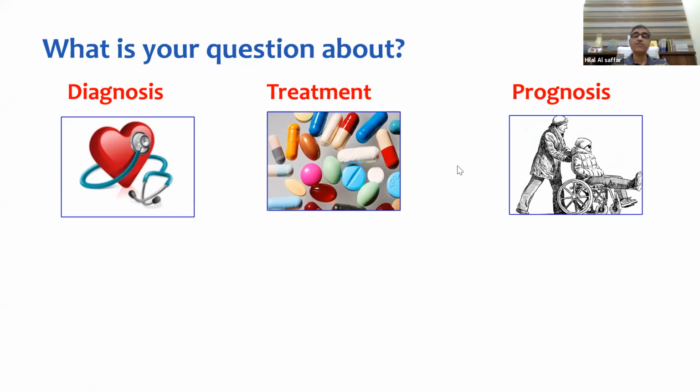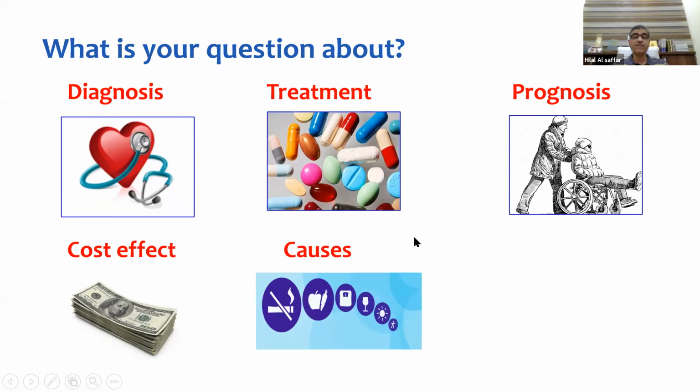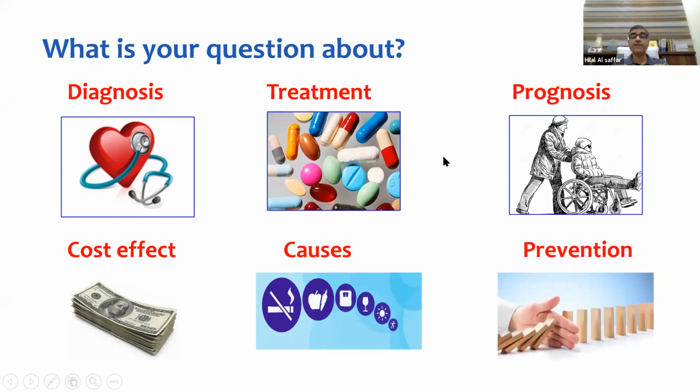You can see some of my examples are about corona because we are living in the pandemic of corona. Of course, cost effectiveness is another domain to search for an answer, to find causes and to find a prevention. For example, the role of masks in prevention of COVID.